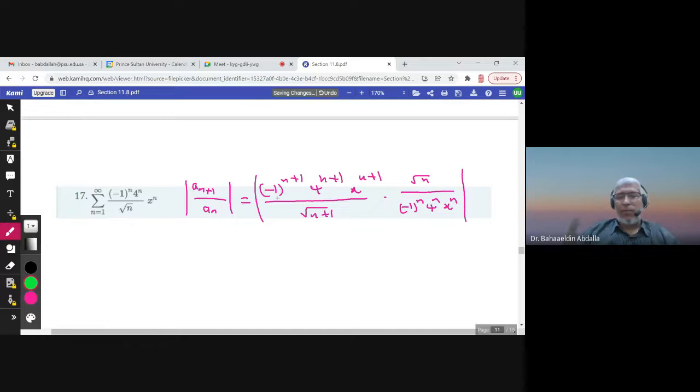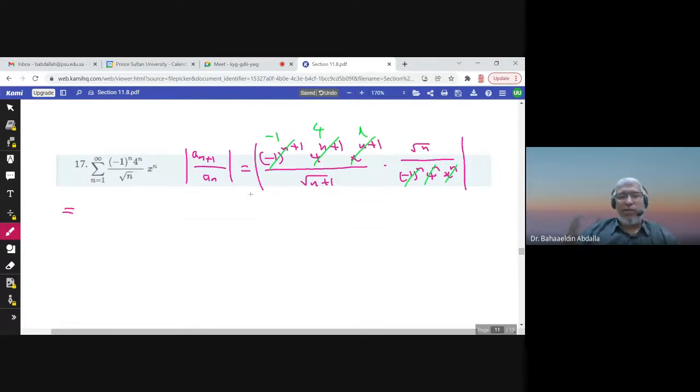Cancellations. So absolute value of negative 1 is 1. I have 4 times absolute value of x times square root of n over square root of n plus 1. The limit when n goes to infinity for this is 1. So this goes to 4 times absolute value of x.